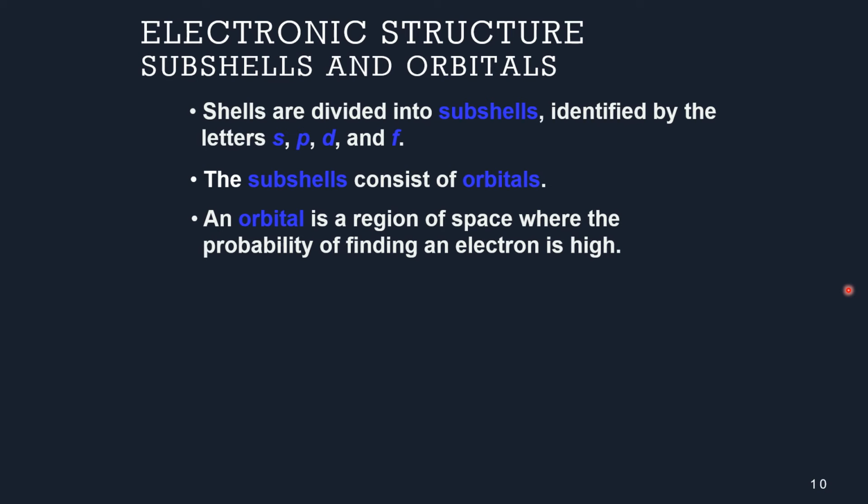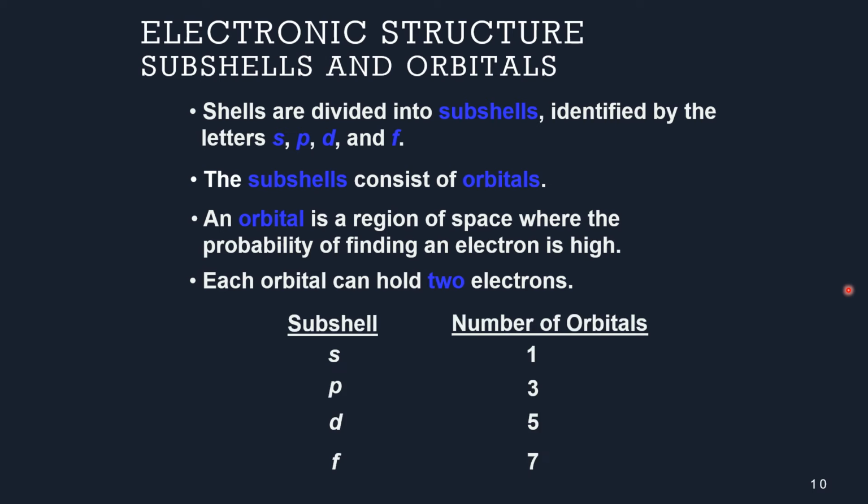So an orbital is a region of space where the probability of finding an electron is high. That's where you're usually going to find the electrons. Each orbital can hold 2 electrons. And that's for every single orbital that you find within the atom. So there's 2 in an orbital.